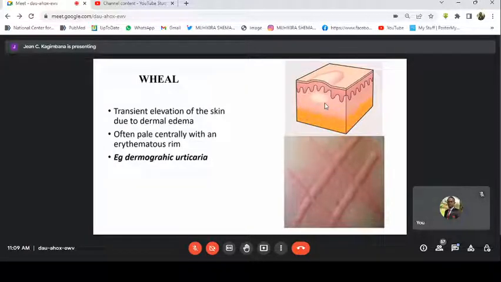Someone is asking me the difference between a papule and a nevus. A nevus is a good example of a macule. A nevus may be ikibibi: there is a small one and a big one. When it becomes bigger than 1 centimeter, it is a patch.